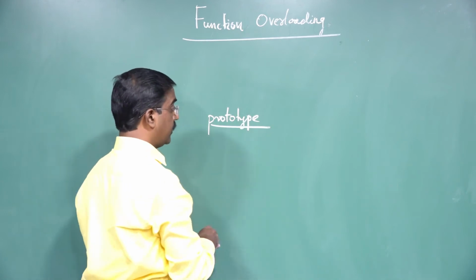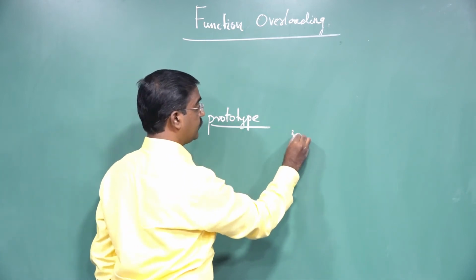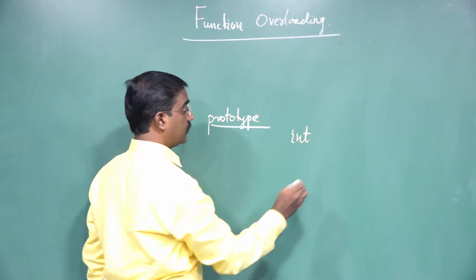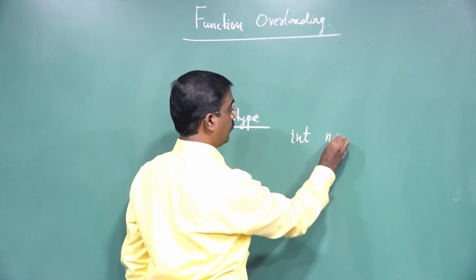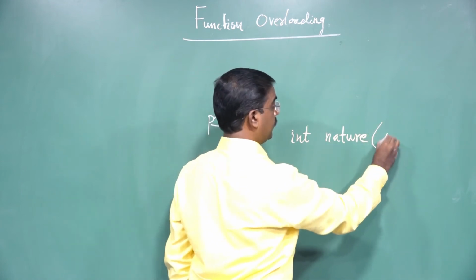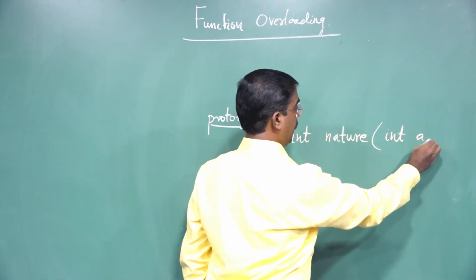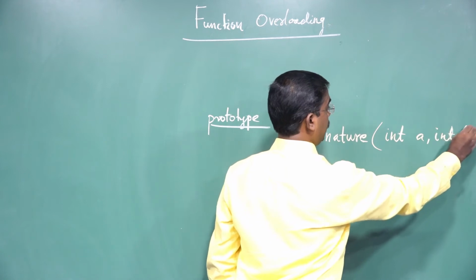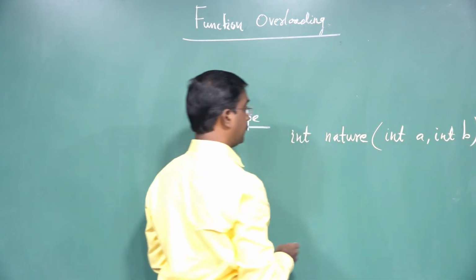Here integer is the data type, the function name is nature, and here are integer a and integer b.